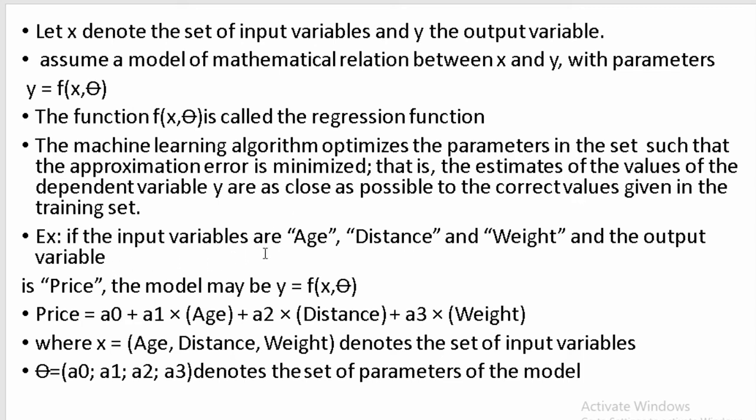For example, if the input variables are age, distance, weight and the output variable is price, then the model may be written as y = f(x, theta). So price = a0 + a1 * age + a2 * distance + a3 * weight, where x is age, distance, weight, the set of input variables, and theta is a0, a1, a2, a3, which denote the set of parameters of the model.